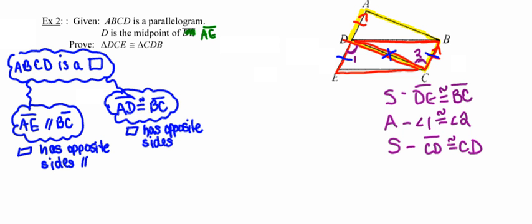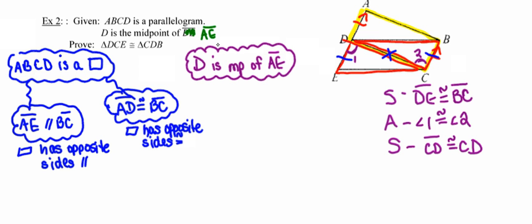And the other piece of information that told me that those pieces were congruent to each other was that second given, the fact that D is the midpoint of segment AE. And remember, the midpoint divides a segment into two congruent parts. So that told me that AD and DE were congruent.